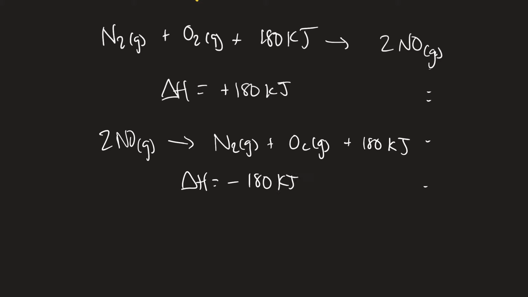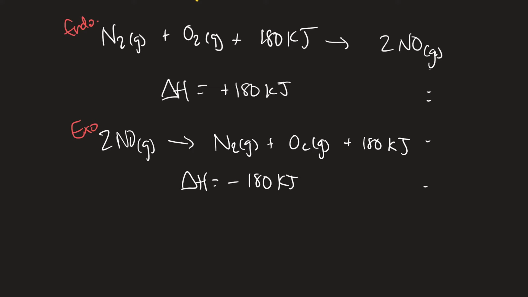So this process, which is endothermic, if I write it in reverse, is exothermic, and you can definitely see that in the delta H. The important thing to keep in mind is that the amount of heat absorbed or released in the reverse of a reaction is equal to that released or absorbed in the forward reaction. The only difference is that the delta H has the opposite sign.